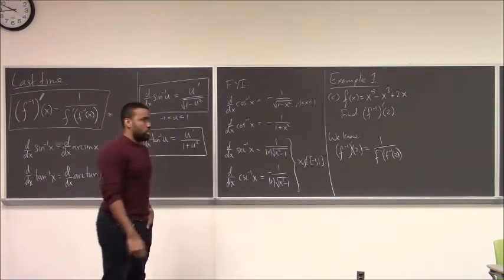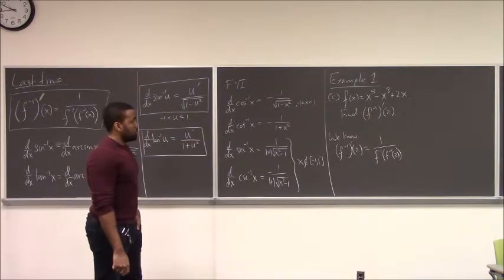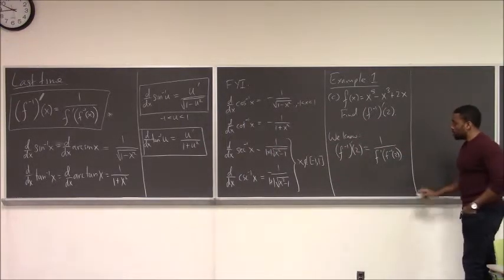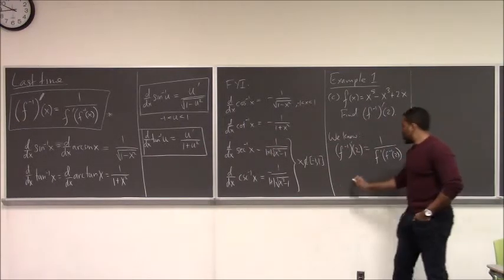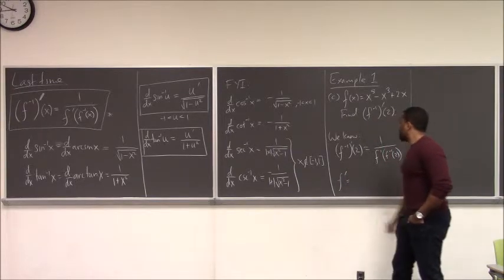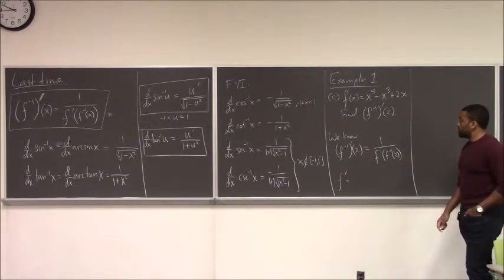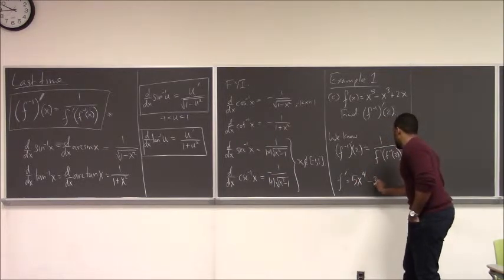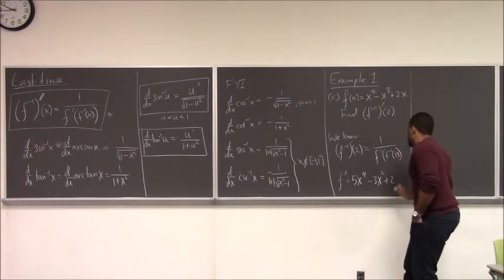Okay, so what did you do with that? So I put the derivative on the bottom, so I got 1 over. Well, what was the derivative? 5x to the 4th minus 3x squared plus 2. Okay.